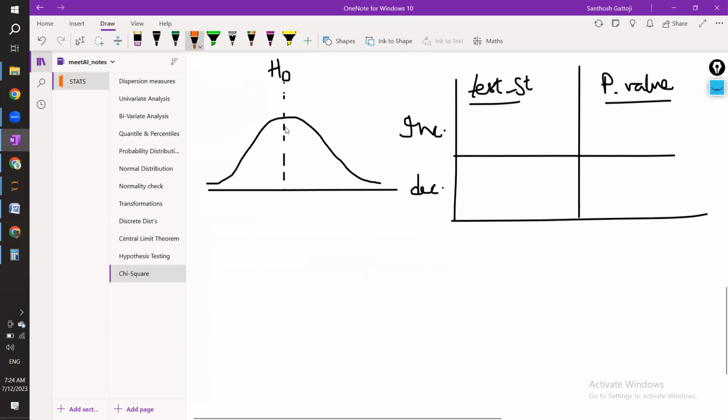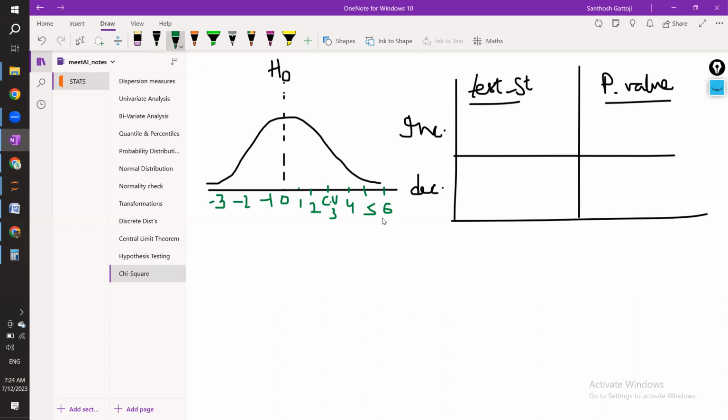Now see, guys. First of all, let's say this is some critical value. Now, these are values on the x-axis. For simplicity, let's say it is 0. If it is a standard normal distribution, it is -1, -2, -3, and over here it will be 1, 2, and the critical value is 3, then 4, 5, 6.